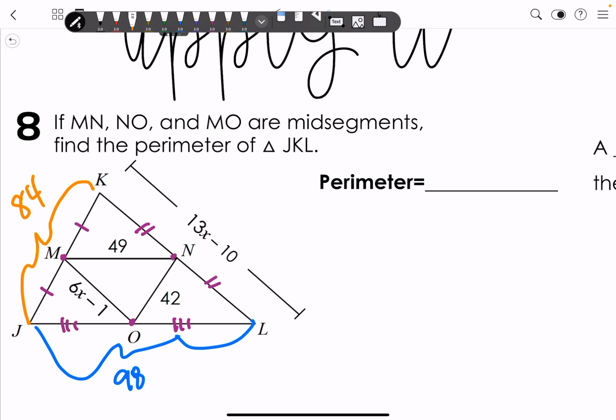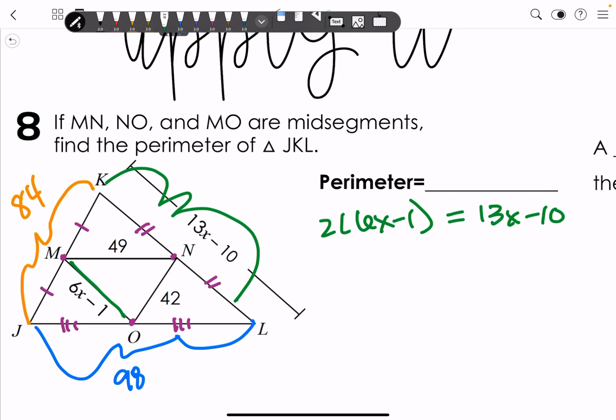And then this one, oh, we can't do that here. We have to solve. Oh, no. So it's going to be 2 times 6x minus 1 is equal to that 13x minus 10. Because remember, 2 of these add up to the entire thing here. So if you solve for x, you will end up getting x is equal to 8. Then you have to drop it back in.